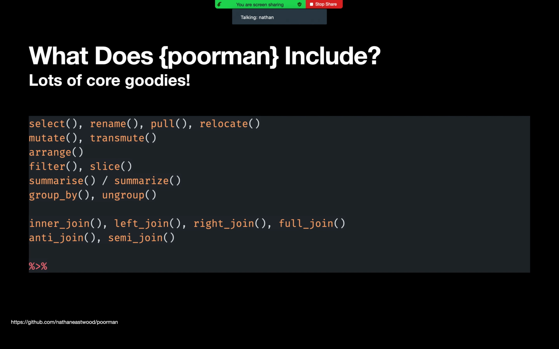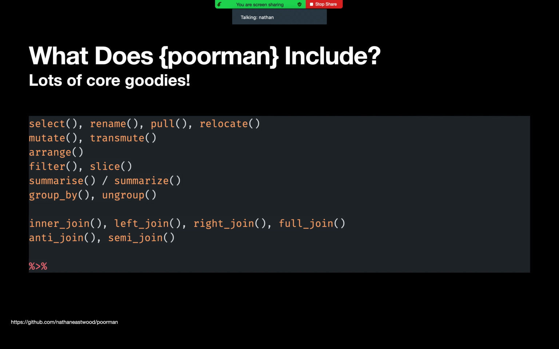So everything from selecting and renaming columns, mutating datasets, arranging, filtering, summarizing, grouping, but also the full set of join functionality. So we can join two different tables together. And again, this can all be done using pipeability because Poorman includes its own pipe. It doesn't rely on the magrittr pipe because that would of course then be a dependency, which I didn't want to include in this particular package.